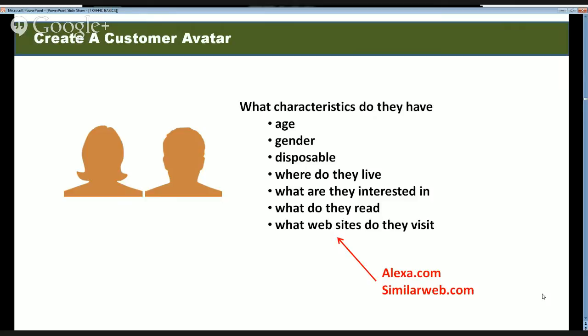So, for example, let's say you go to the site for Entrepreneur magazine, put that into Alexa, and it will give you the demographics of the people that go to that site. Same thing for SimilarWeb, and it will also show you some additional sites that they might be interested in. And knowing that is really, really important. It's really important because it'll help identify your target market, as you'll see a little bit later on.